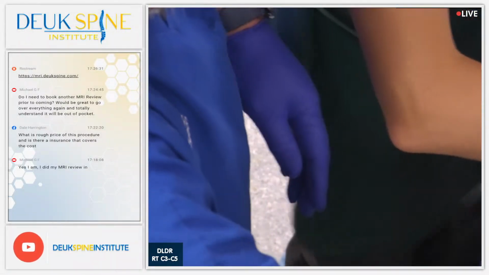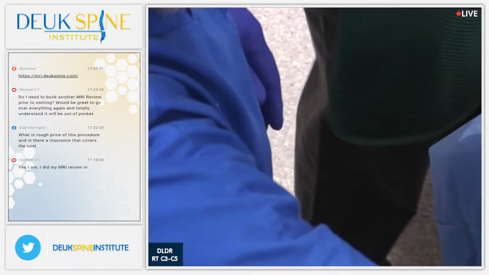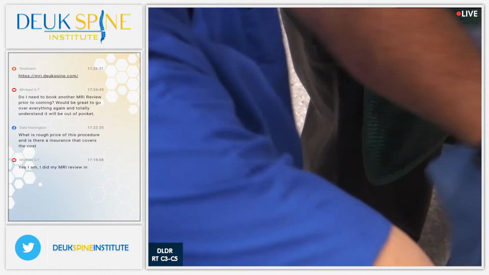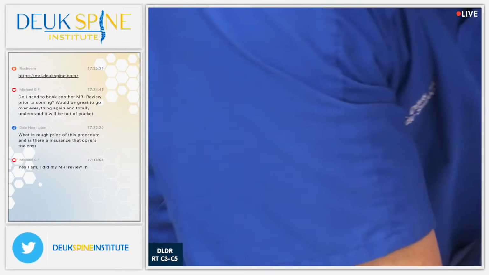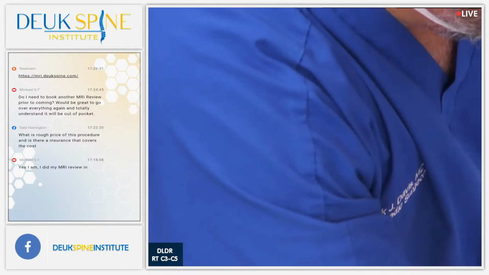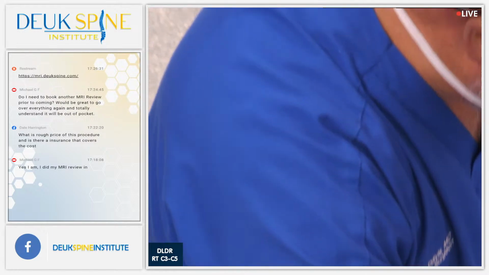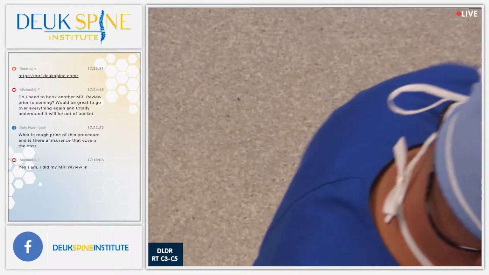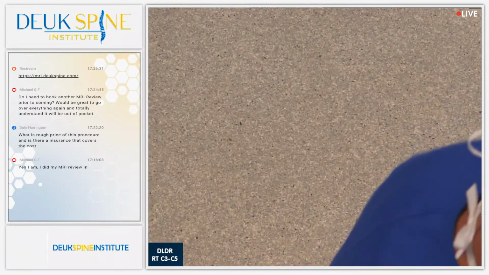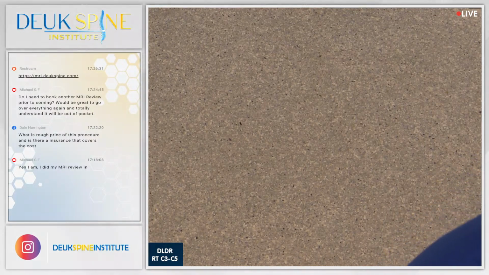Maybe even 6 months, unless you've had a significant change in your symptoms. If you've gotten a lot worse, then we should get a new MRI and do a new MRI review. But other than that, if your symptoms are just waxing and waning and typical, then 6 months ago or earlier would be fine.